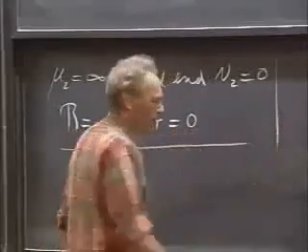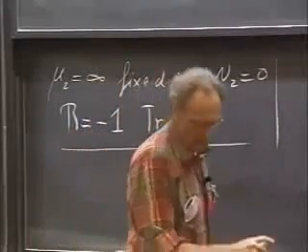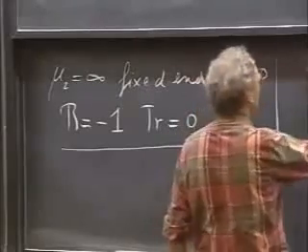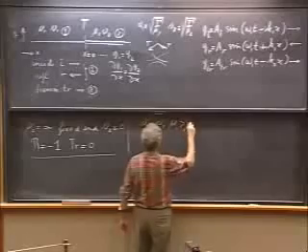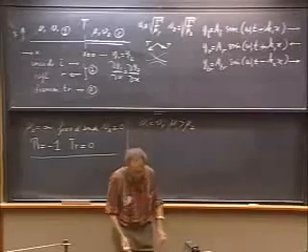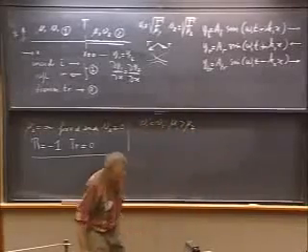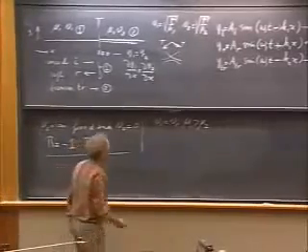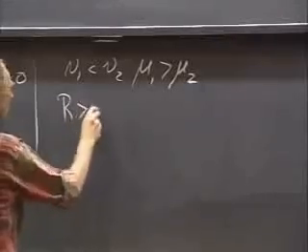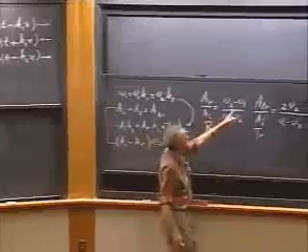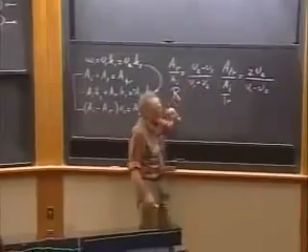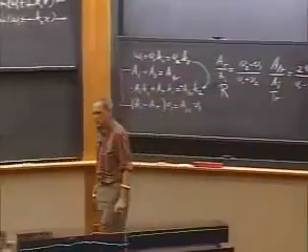Take now an example that V1 is smaller than V2. In other words, mu1 is larger than mu2. When we have a case like that, notice that R is always larger than 0. If V1 is smaller than V2, this is a speed now, this is always larger than 0.